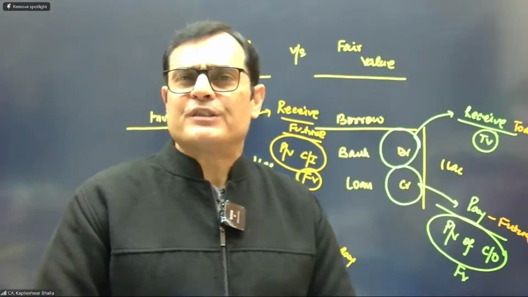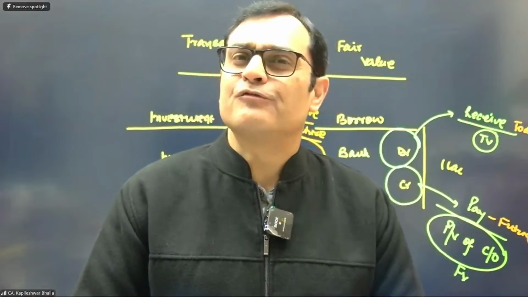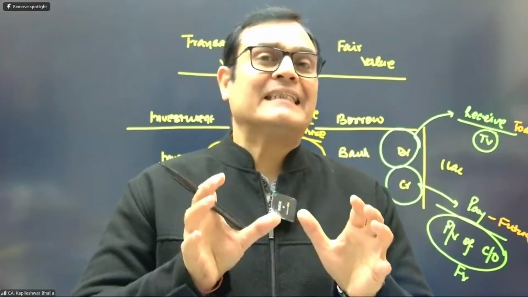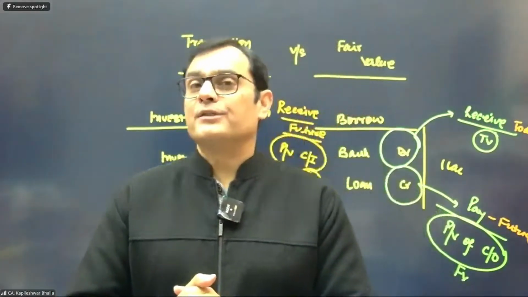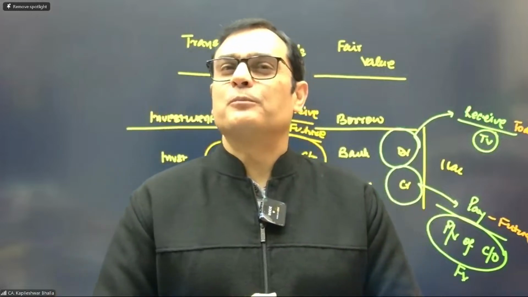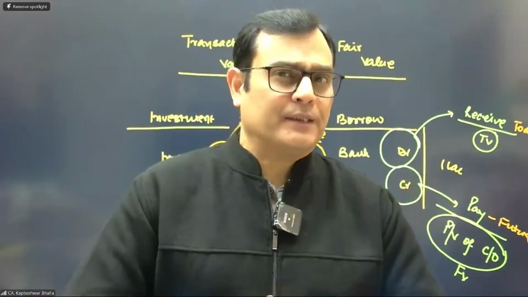So if there is a difference in this entry, where are you going to put the difference? That is the focus area of discussion: in terms of asset or liability, when there is a difference in the transaction value and the fair value, where are you going to put the difference? Now, the focus of discussion is going to be more on the assets part.